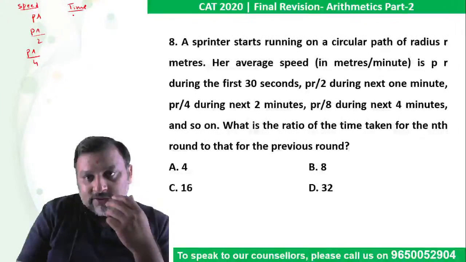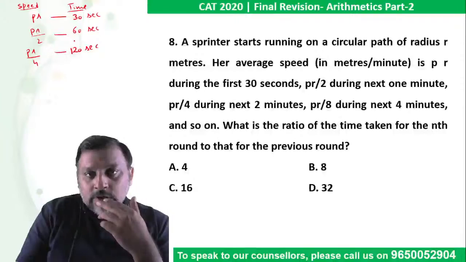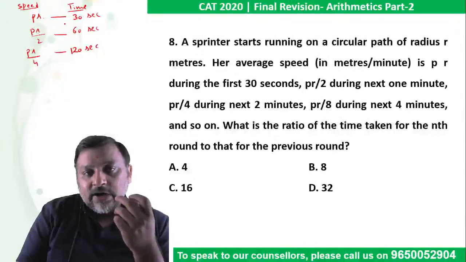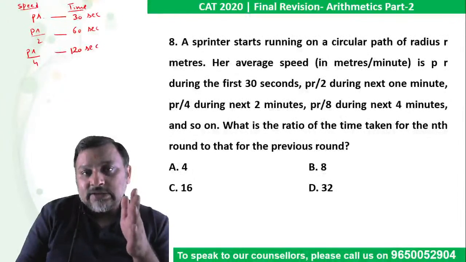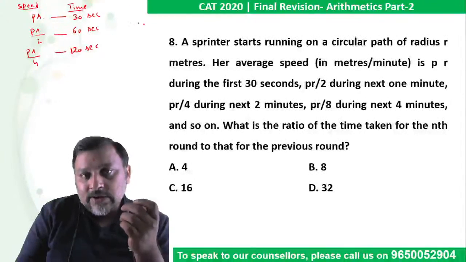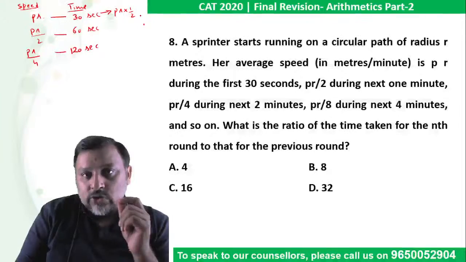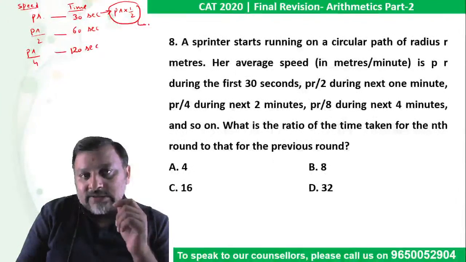So in this case, it is 30 seconds, then 60 seconds, then 120 seconds, and so on. Since distance is the product of these two, can we say distance for each of these phases will be same, and it is nothing but PR into half. 30 seconds is half minutes. So each time the distance covered is PR by 2.